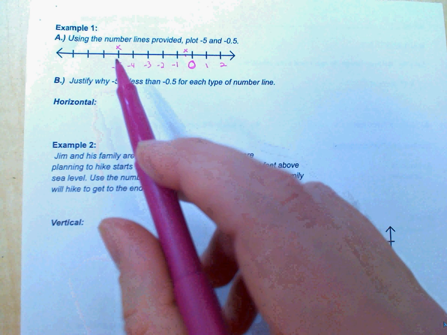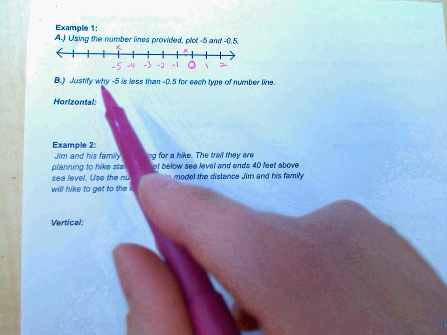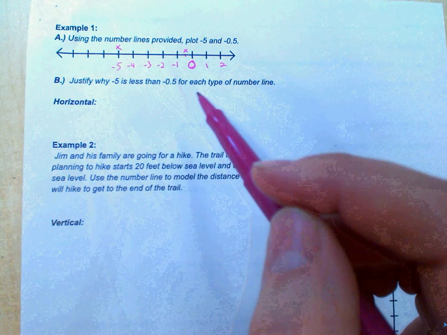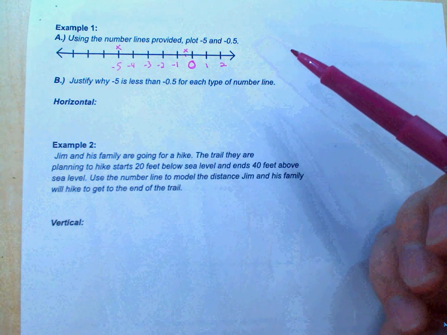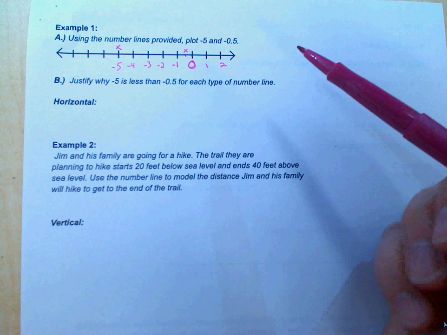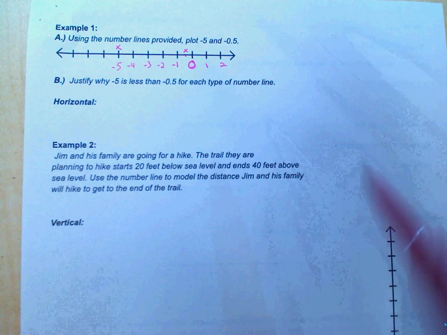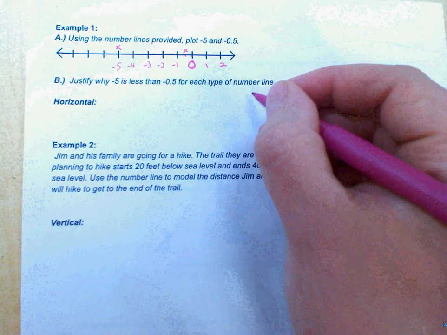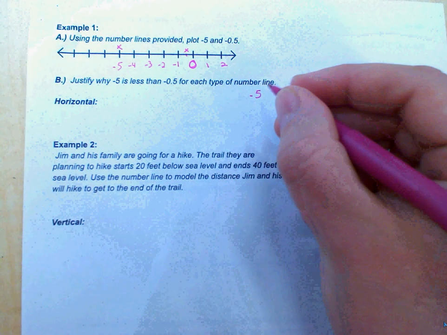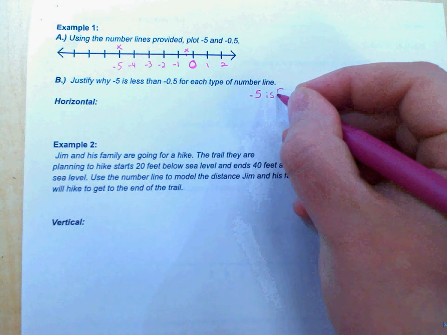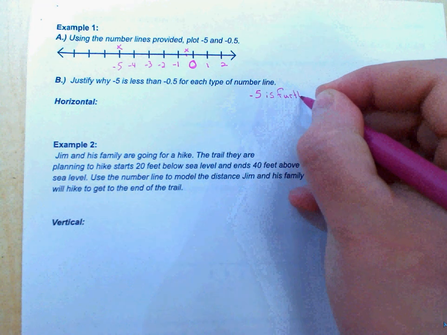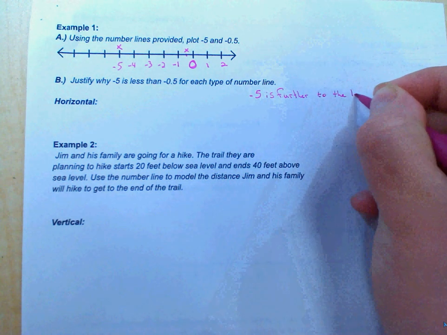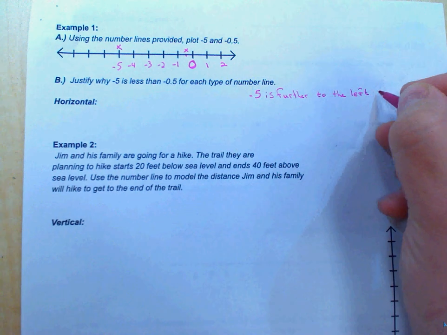I want you to think about this right now, and I want you to try and pause the video and give me the answer to this question. Why is negative 5 smaller than negative 5/10? Okay. And tell me why. If we look, negative 5 is further to the left, so it's smaller.